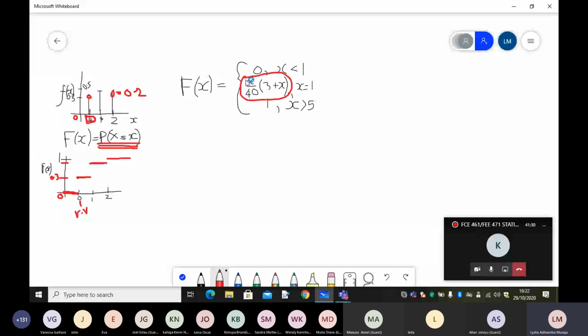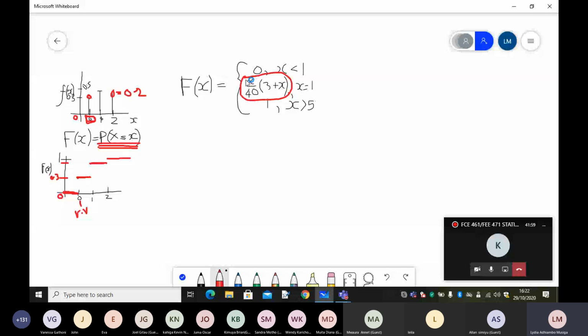Okay, after clarifying on that, now we can proceed with our topic for today. Last time we were considering the cumulative distribution function for a discrete random variable.